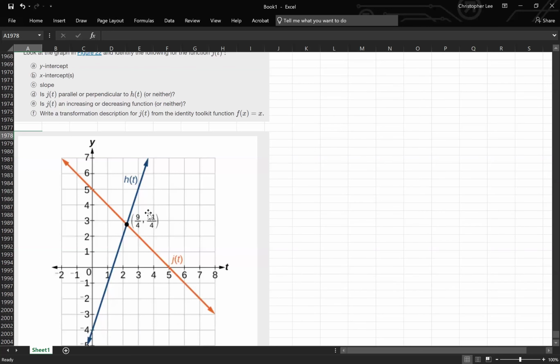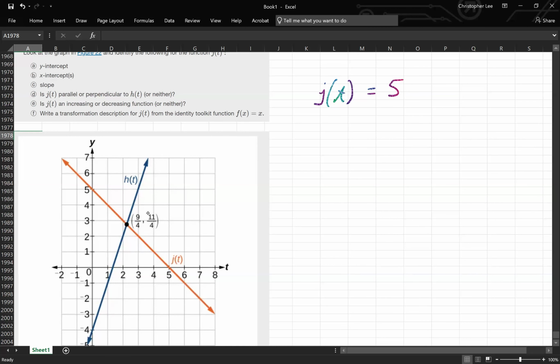Okay. So let's look at our y-intercepts, right? So what are the y-intercepts here? Let's do J of t. J of t is the orange one, by the way. What is the y-intercept there? Where does it cross the y-axis? At 5.